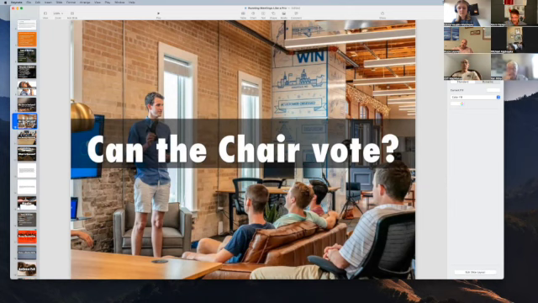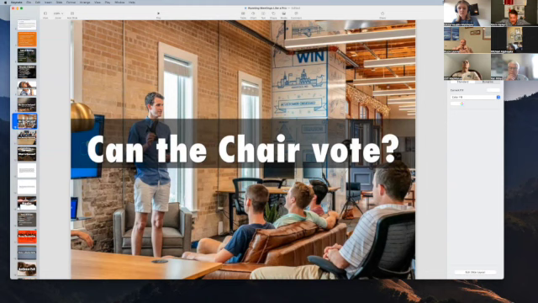Robert's Rules does say that. It says that in the event of a tie among a board, the chairperson votes to break that tie. But that only applies to situations where the chairperson is not also a board member. And in almost every one of your communities, the chair or the president is also a board member.